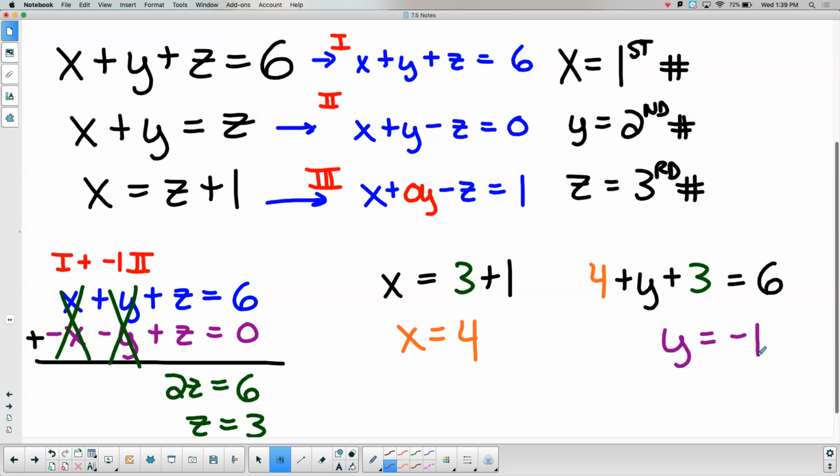Right? Now, here's why it was important to write out what our variables were. Because it's important which number is the first one, which number is the second one, which number is the third one, based on the problem. So based upon the problem, this is 4, this is negative 1, and this is 3.